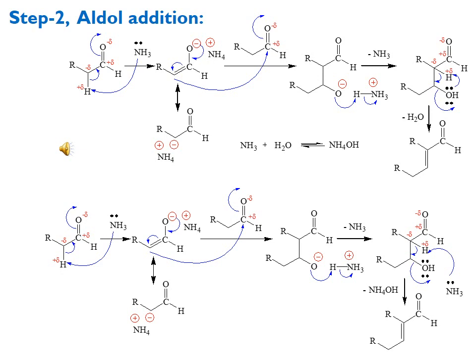Here also you can see the OH group is not a good leaving group, it will be removed, but in the form of water. So in this way we get the alpha-beta unsaturated carbonyl compound.